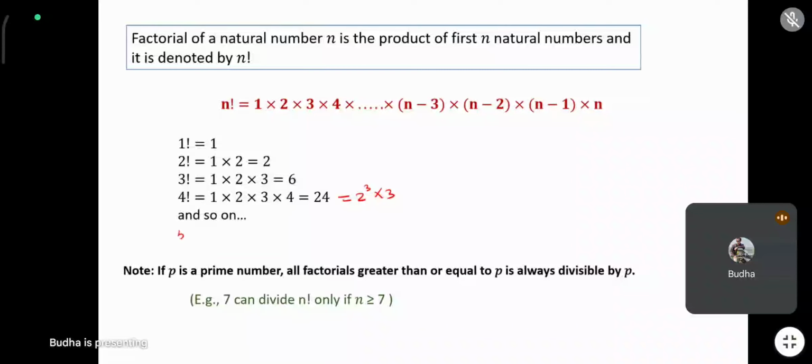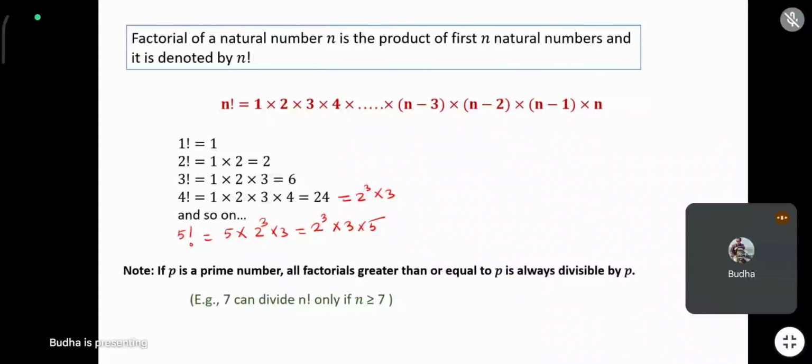Similarly, if I write 5 factorial, it is nothing but 5 into 4 factorial. So 4 factorial is nothing but 2 cube into 3. Let me write sequentially, okay? So I can write 2 cube into 3 into 5.